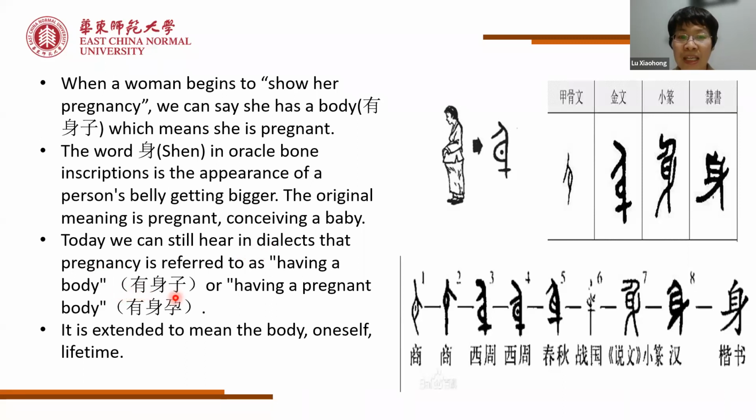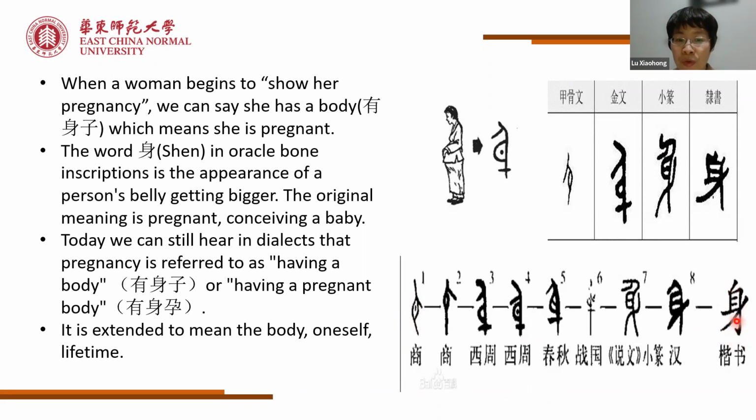Here, 有身子 means she's pregnant, or 有身孕. Now, this word is extended to mean the body, oneself, or lifetime. Here you can see the evolution of this character, 身, from very early oracle bone inscription to today's regular writing.